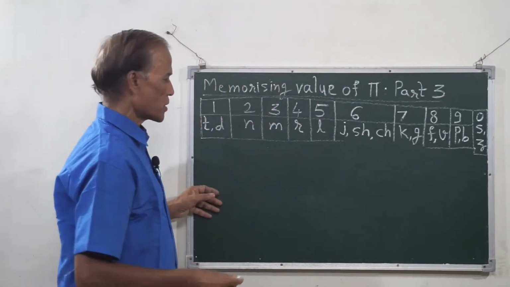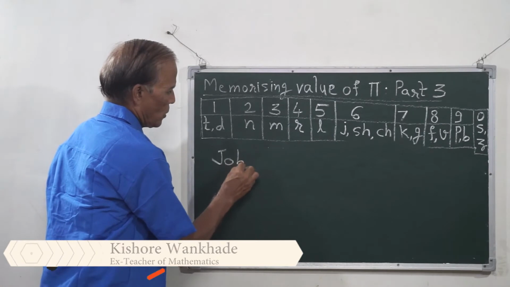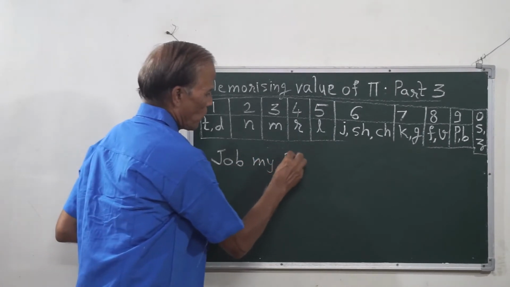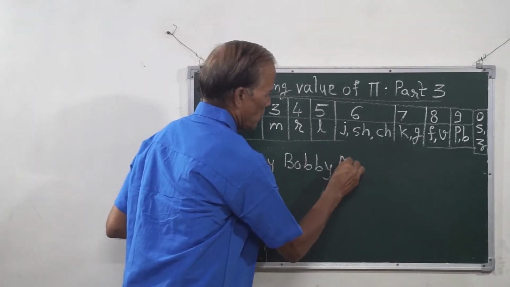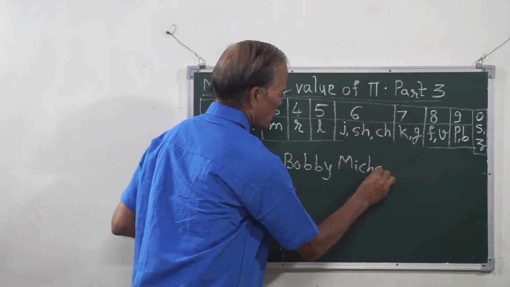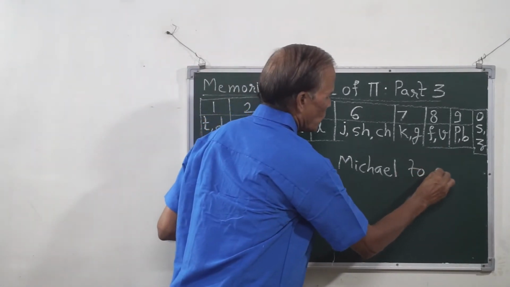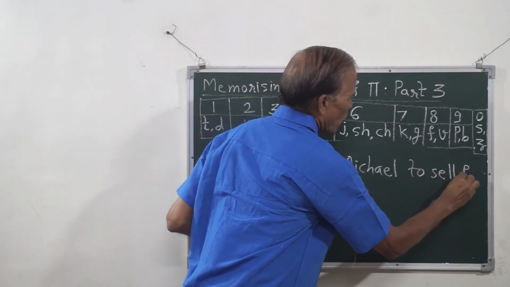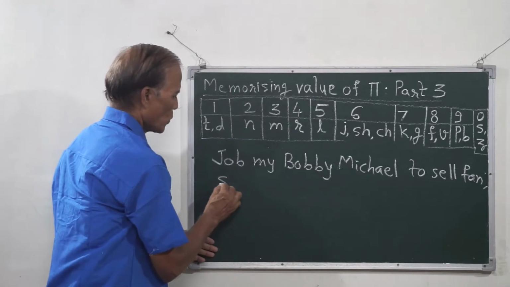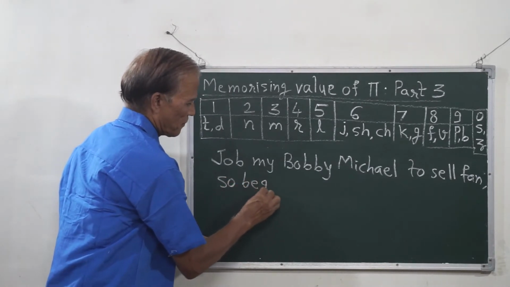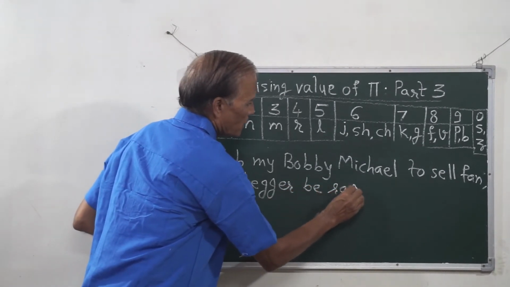The sentence is: Job, my Bobby Michael to sell fan. So beggar be rare.